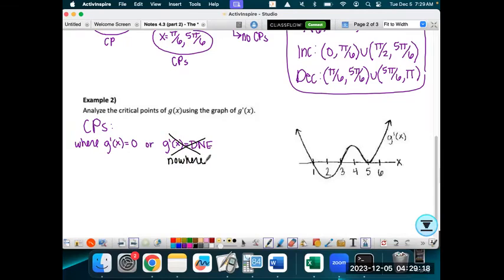Our derivative is continuous. So our derivative function actually has outputs of 0 at 1, 3, and 5. Because this is the actual derivative graph, we're looking at where it equals 0, where our outputs are 0.